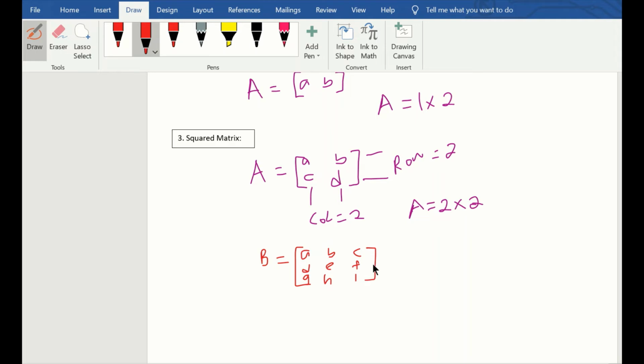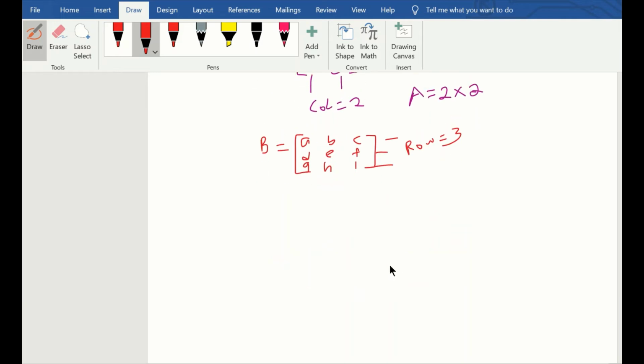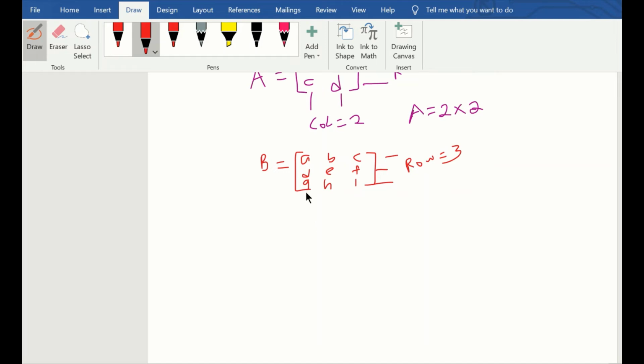As you can see, we have 3 rows. The number of rows is 3. Then the number of columns, we have 1, 2, and 3. We have 3 columns in this matrix.